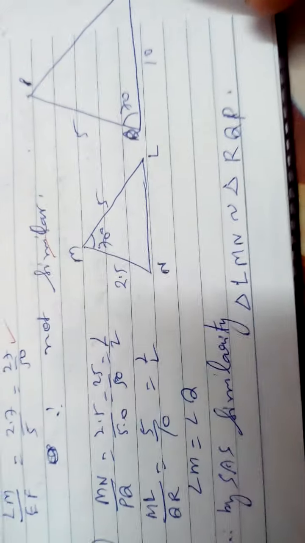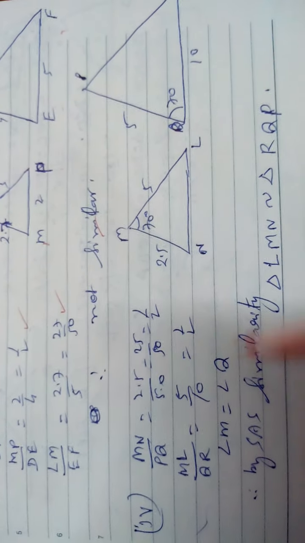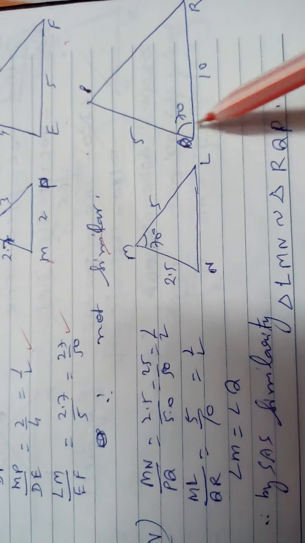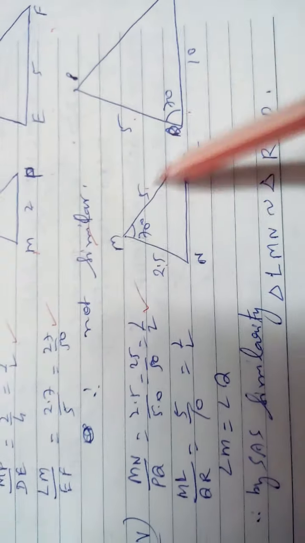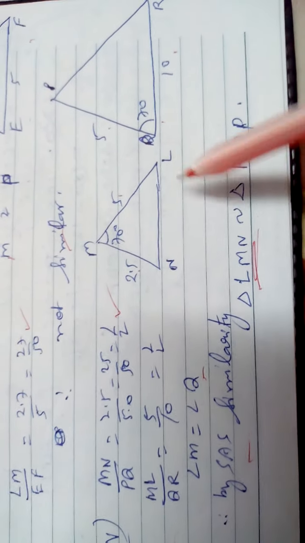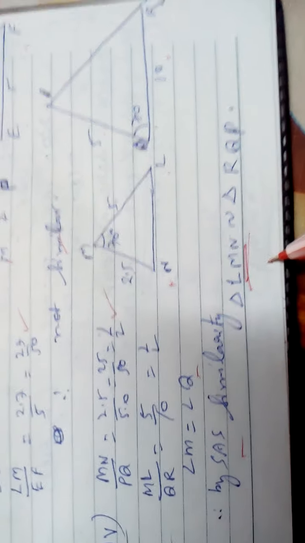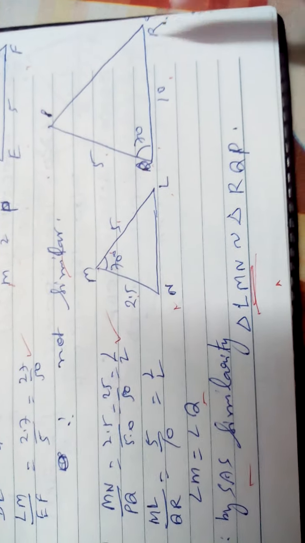Fourth part, very simple. In the fourth part, angle M is equal to angle Q. 2.5 and 5 have relation 1 by 2, 5 and 10 have relation 1 by 2. So by SAS similarity, triangle LMN, LMN you have written. So LM is related with QR, so you will write RQP.